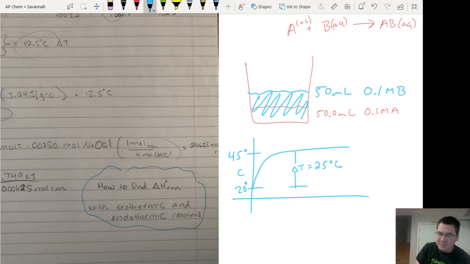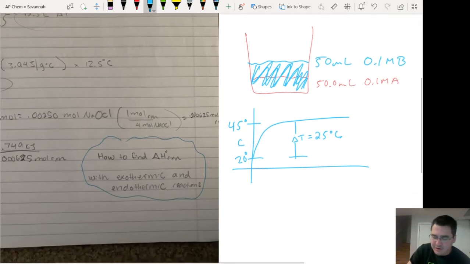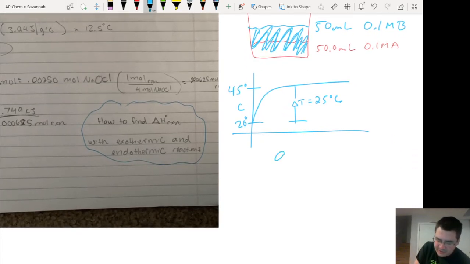Okay, and we're going to assume that since these are low concentrations, I know there's chemical in there, but it's mostly water, right? Everything's dissolved in water. So this is basically like heating up 100 milliliters of water, right? Yeah. So here's the basis of calorimetry. We can track things about water.